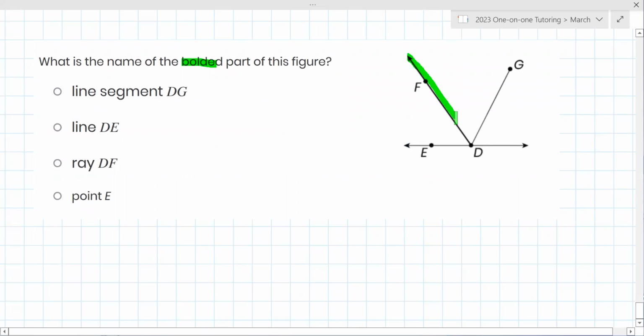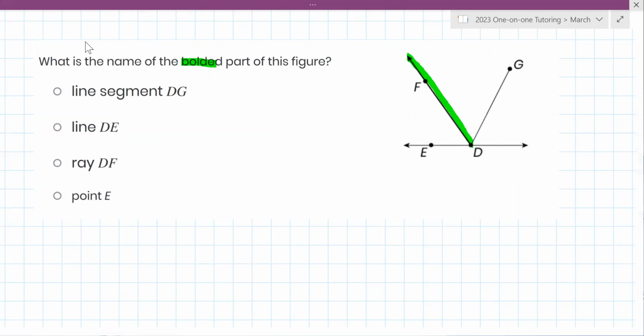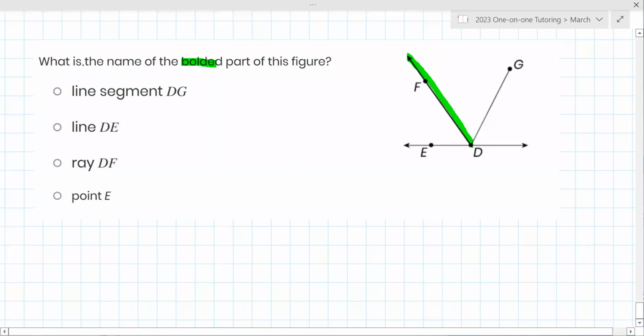It's this right here. So is it a line segment, a line, a ray, or a point? What do you think? Oh, a point. Okay, what point is it then?